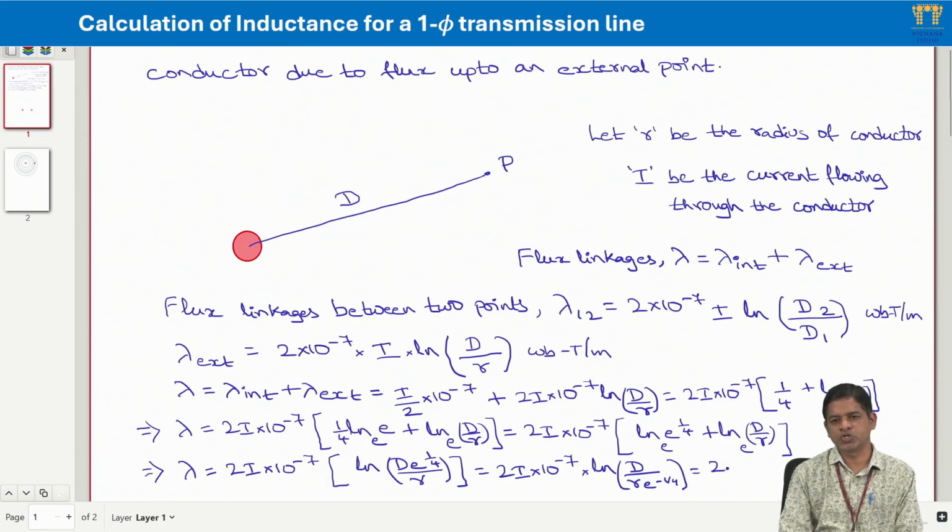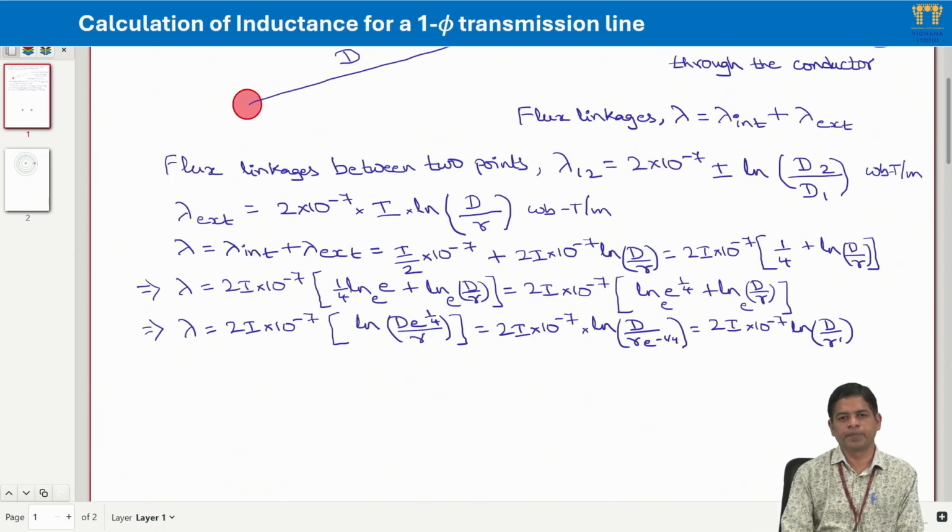This I will write as 2I into 10 power minus 7 into log of d by r dash, where r dash is given by r into e power minus 1 by 4, and this comes out to be 0.7788 into r.